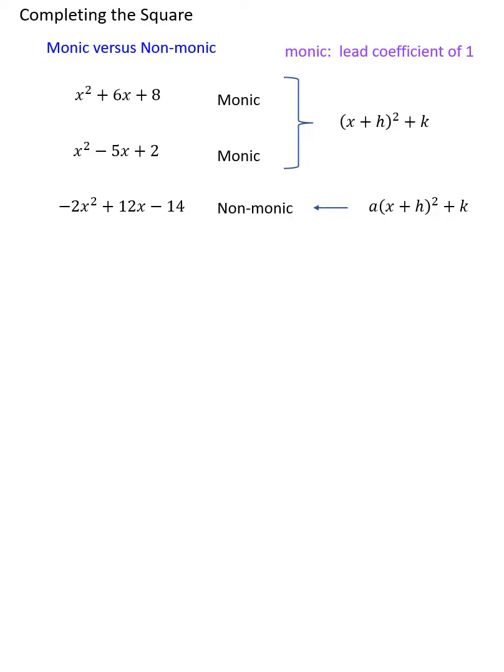Now these two formats may look the same, but notice the non-monic completed square conversion format has a coefficient outside of the parentheses, and we typically call that a. So with no further ado, let's actually get into the mathematics and work these three problems.